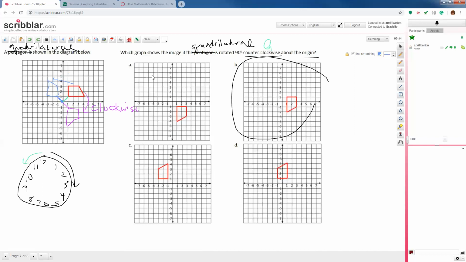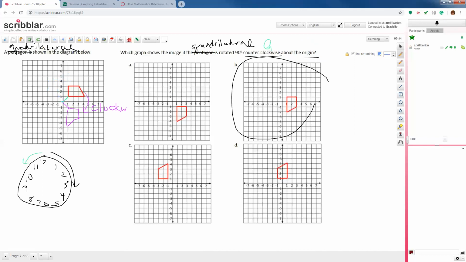So that's that key word about the origin. That means you still have that space from the center of the graph to the corner of the shape. You can see the rotation going on. Yeah, rotations are weird.